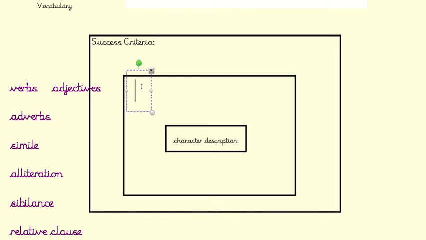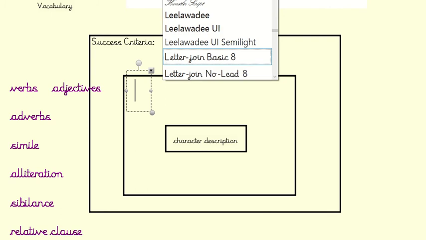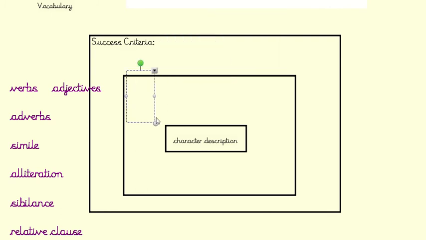The next box, our focus will be on the impact. What we want our reader to gain from reading our character description. So, for example, we want our reader to be engaged and interested in the character.